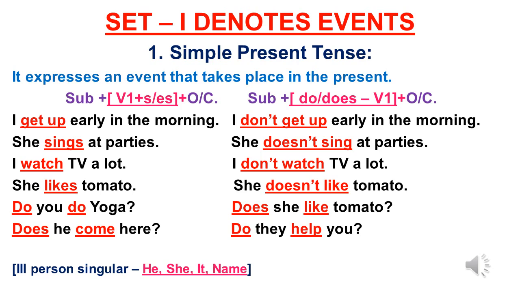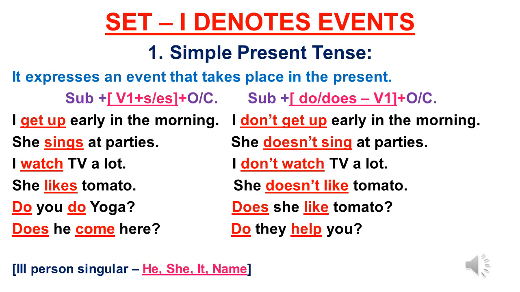The main verb used in the simple present tense is the present verb, or V1, or the base verb. This verb takes S or ES when the subject is in third person singular. What is said to be the third person singular?